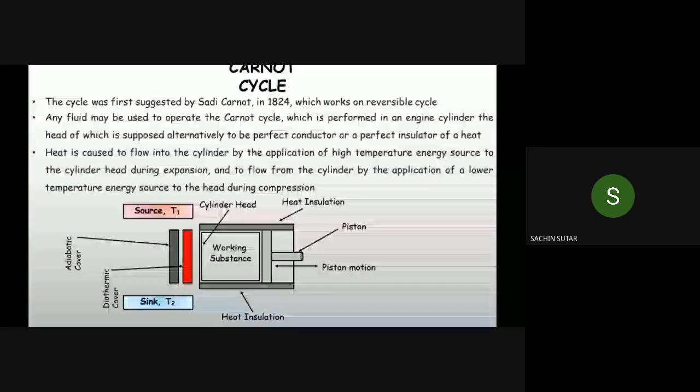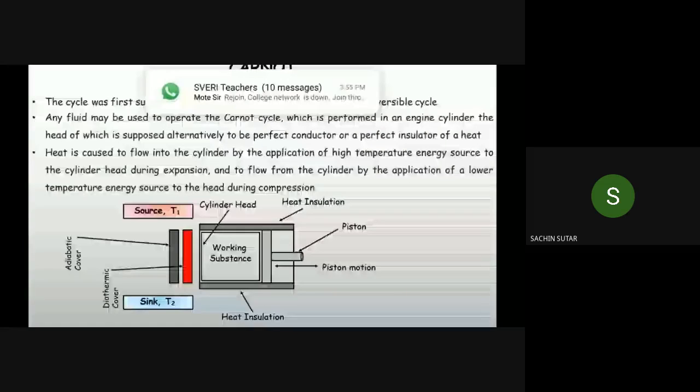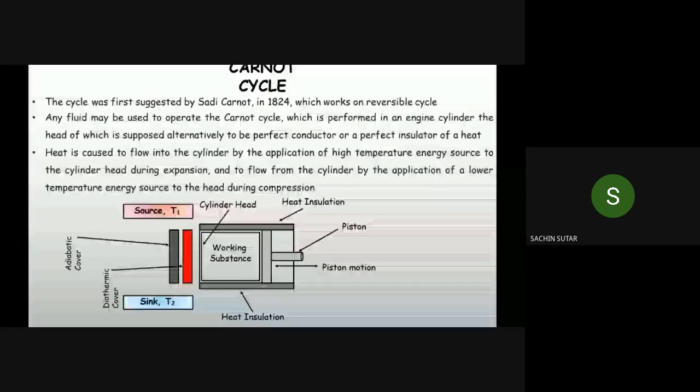Heat is caused to flow into the cylinder by applying a high temperature energy source to the cylinder head during expansion, and to flow out of the cylinder by applying a low temperature energy source to the head during compression.